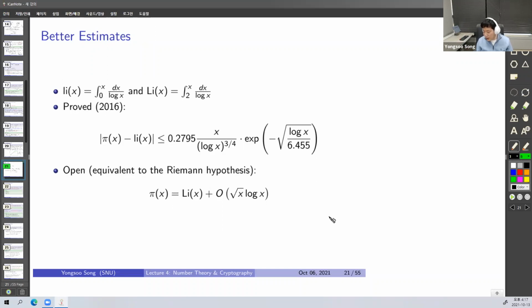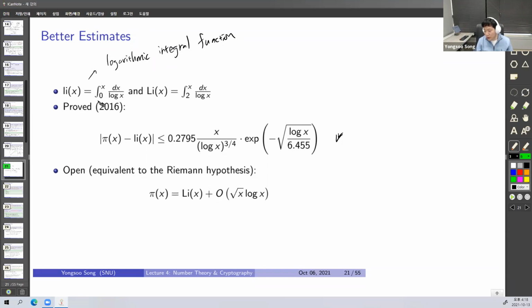This is the best recent result about the approximation of this prime counting function pi of x. There are these functions called the logarithmic integral function.